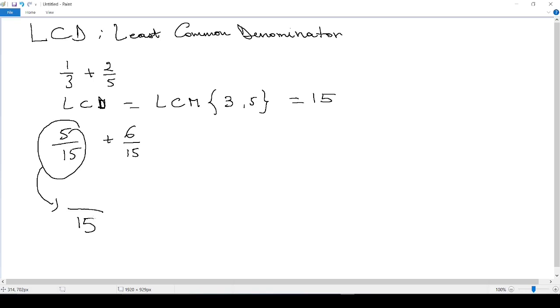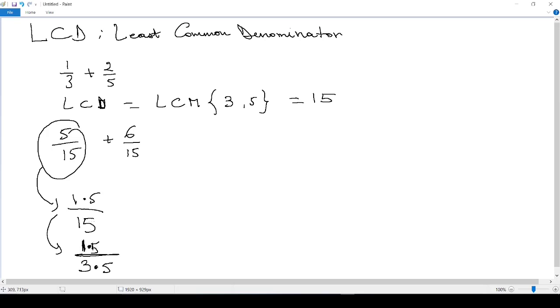That 15 is the 3 of our original fraction times 5. We find a number that, multiplying 3, gives us 15, and it is 5. And that 5, we also multiply by the top. Originally our numerator is 1, so we multiply by 5.